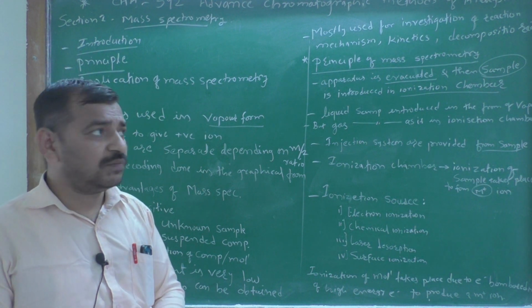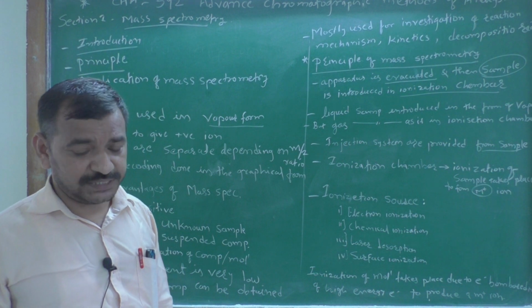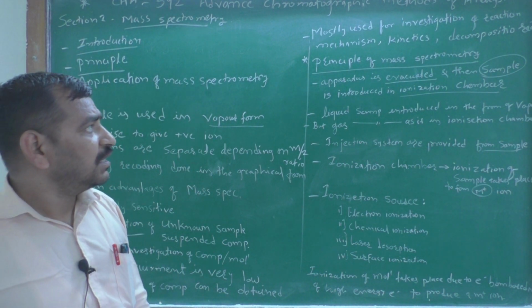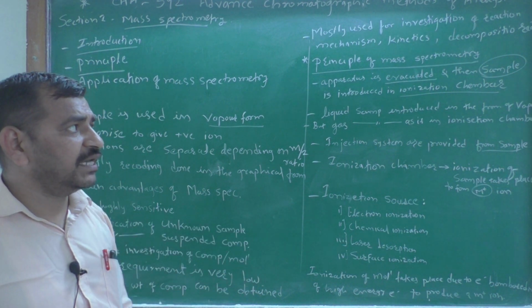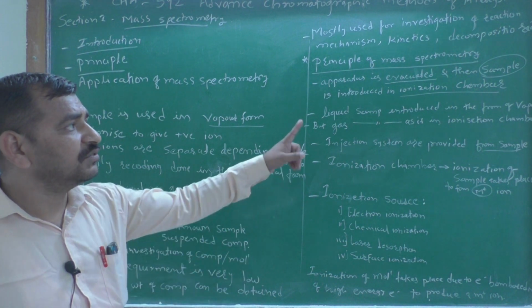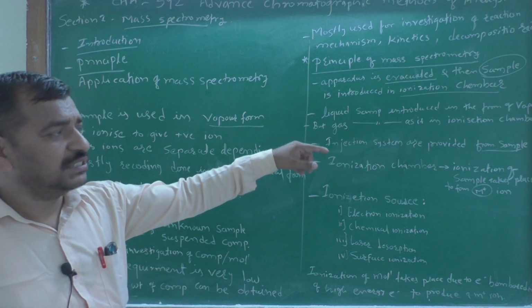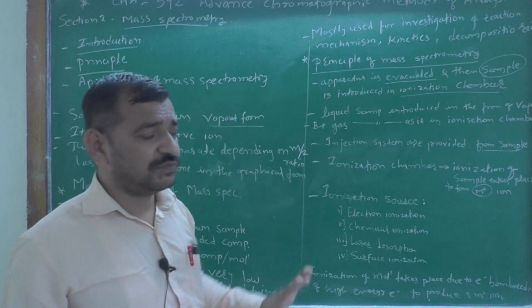Then we talk about the principle of mass spectrometry. The apparatus is evacuated and then the sample is introduced in the ionization chamber, which is a part of the instrument.